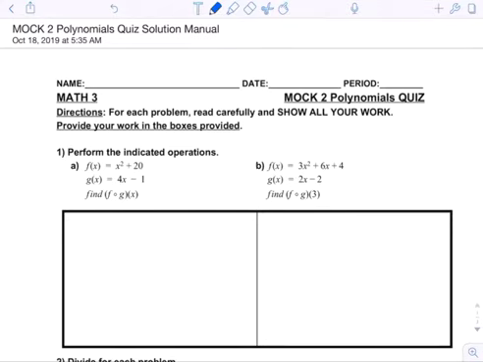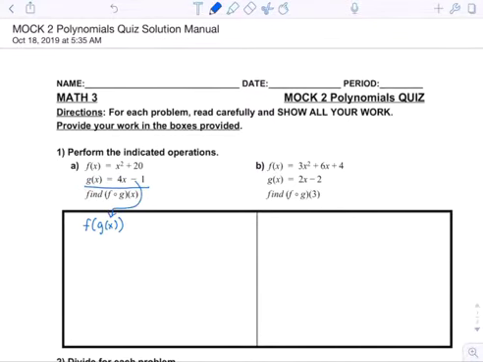Alright, here is the video for mock quiz number 2 for polynomials. So, we have to find f of g of x, so I'm going to rewrite it as f of g of x. Now, we are going to substitute our g of x function right into there.